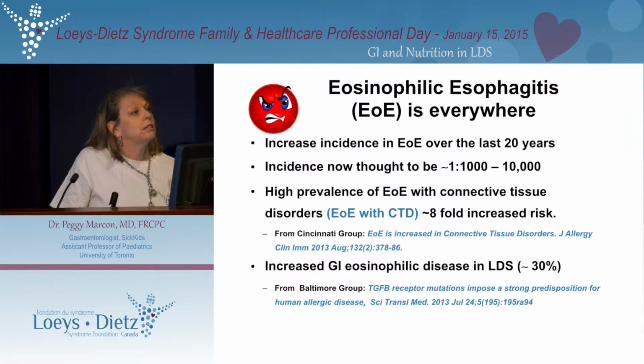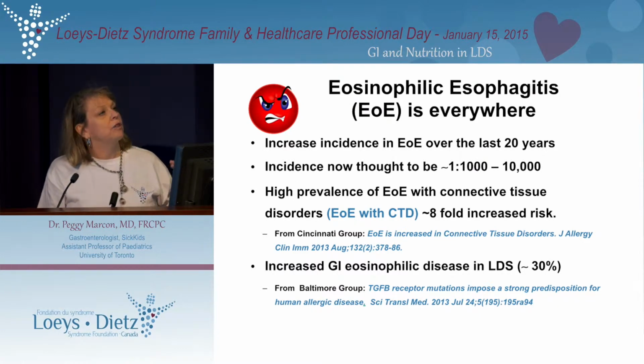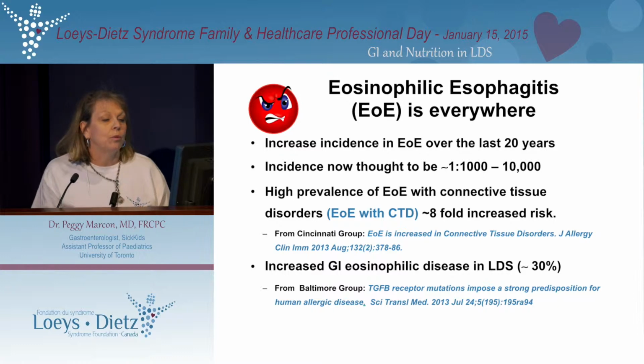So there has been an unbelievable increase in the incidence of eosinophilic esophagitis within the general population over the last 20 years. And it sort of parallels the increase of what we've seen in allergy and in asthma as well.